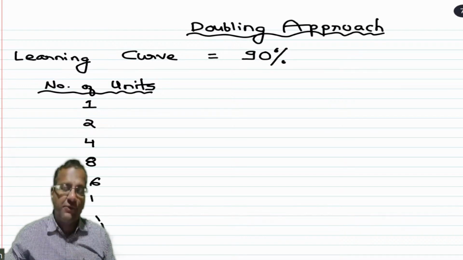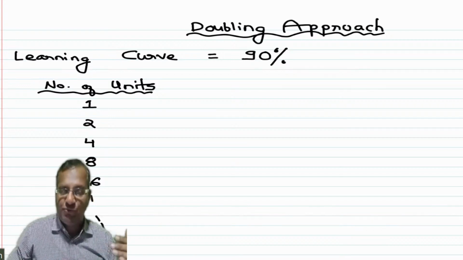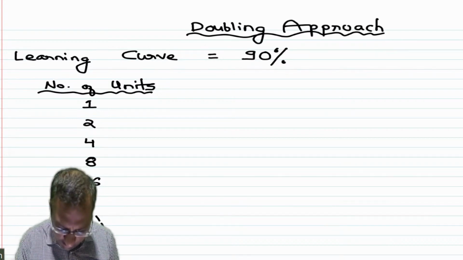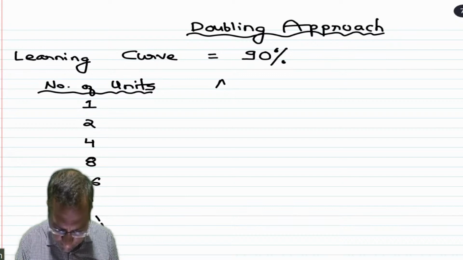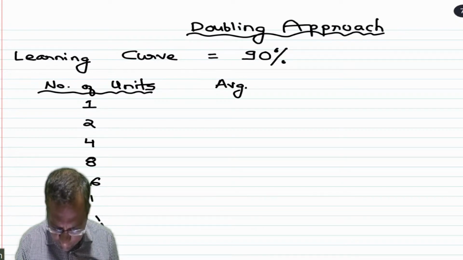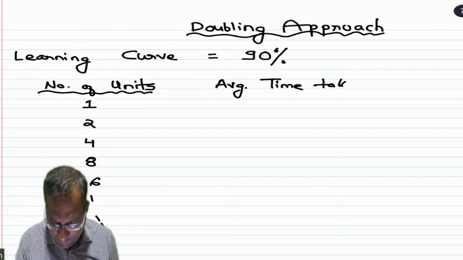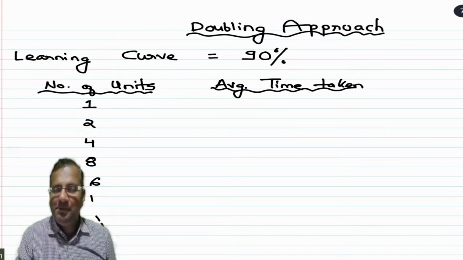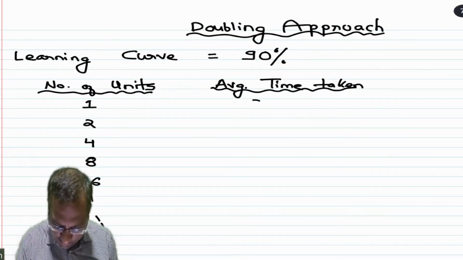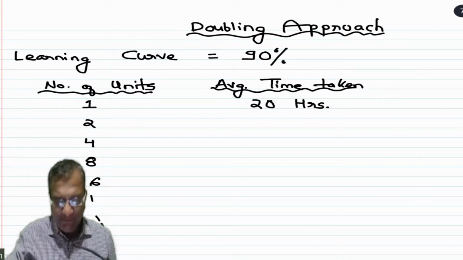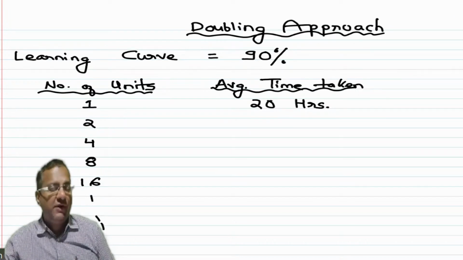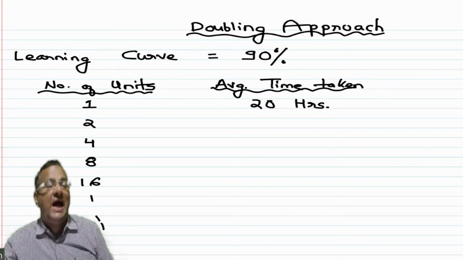This list will continue. Suppose the time taken to manufacture the very first unit is 20 hours.